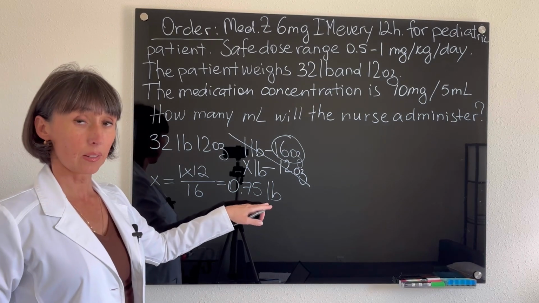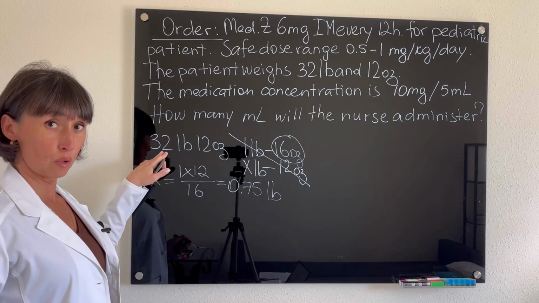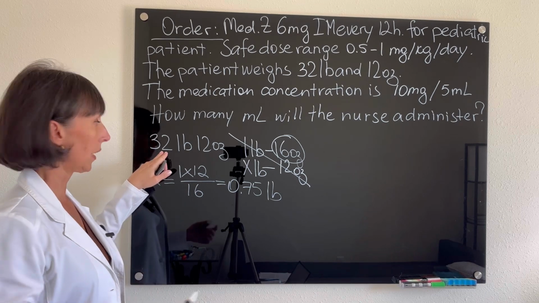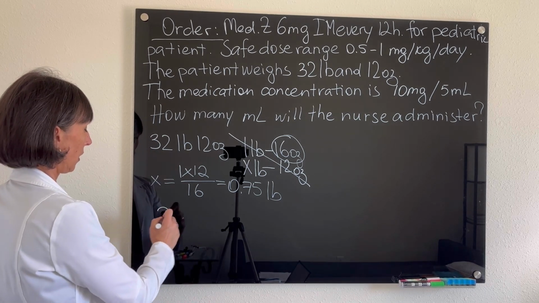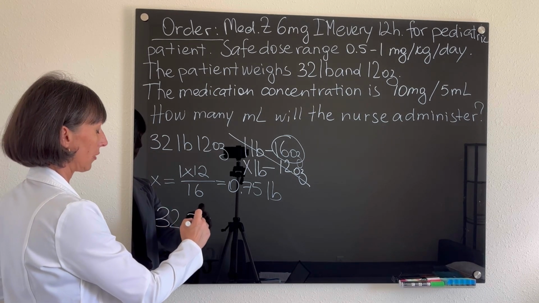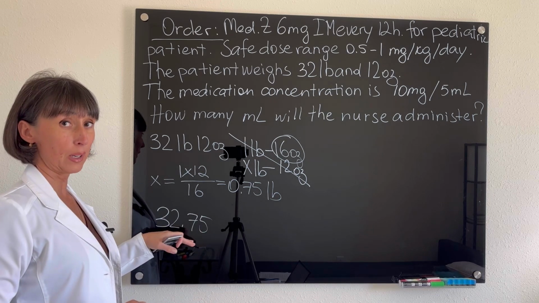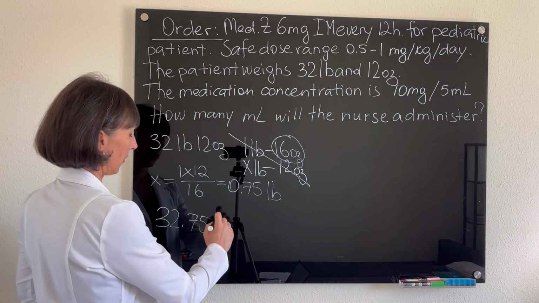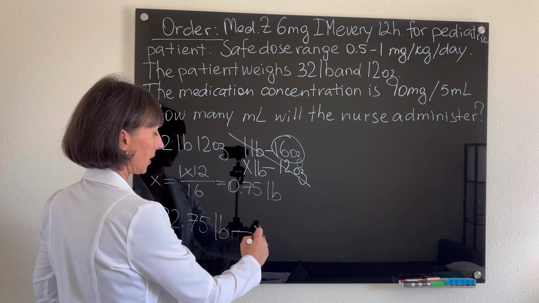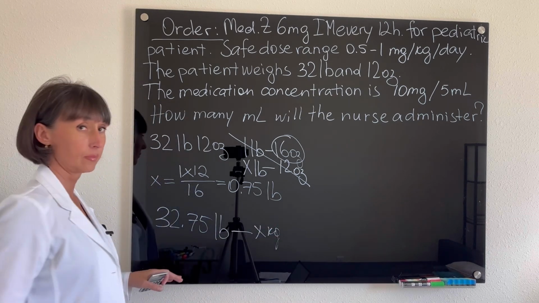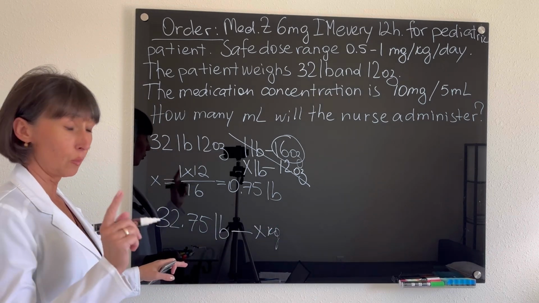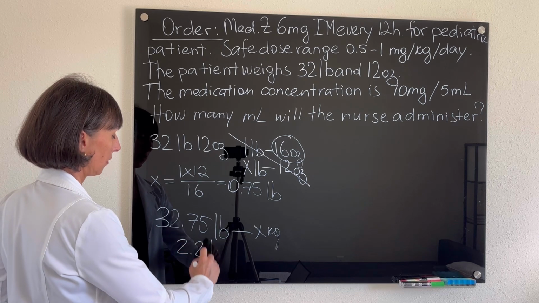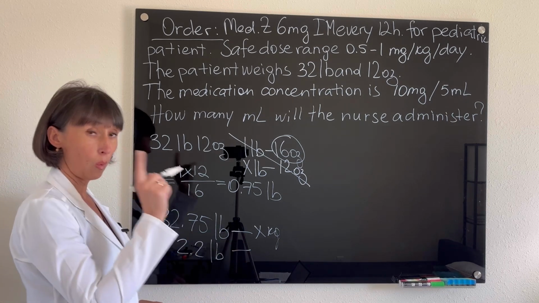I found pounds. Now I can add these pounds to my 32 pounds to find my kilograms. 32.75, that's the total number of pounds in my patient, is X kilograms. But I know that 2.2 pounds is 1 kilogram.